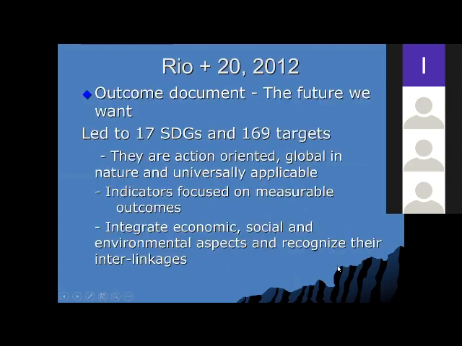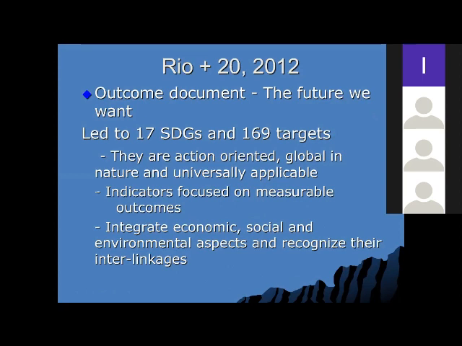Okay, let's go through this. Now, at Rio Plus 20 in 2012, 20 years after the UNFCCC was initiated, again we went to Rio, and there was a document which is called the outcome document, The Future We Want.